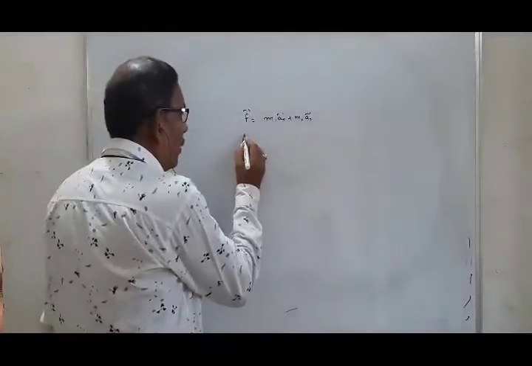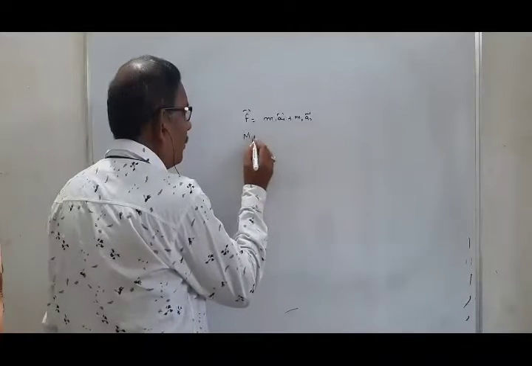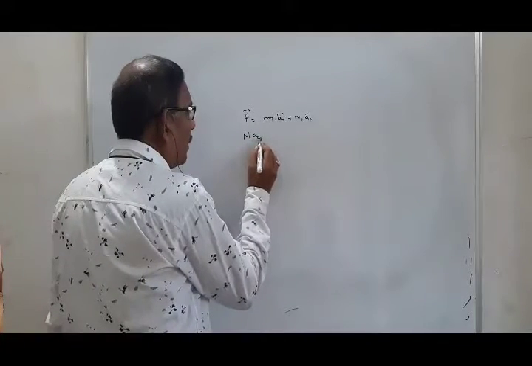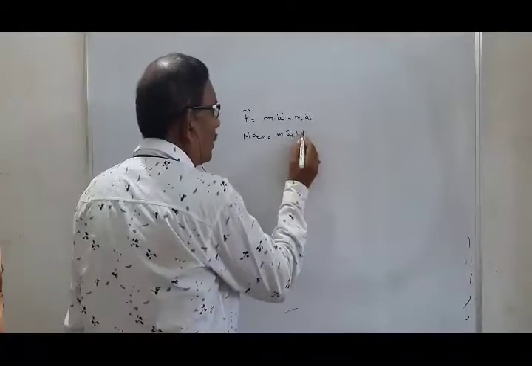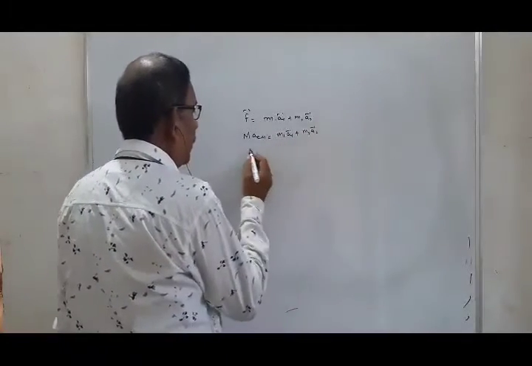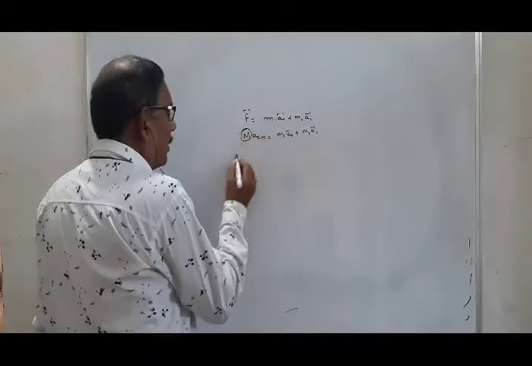It is the mass of the system times ACM, that is M times ACM equals M1 A1 plus M2 A2. What is M here?